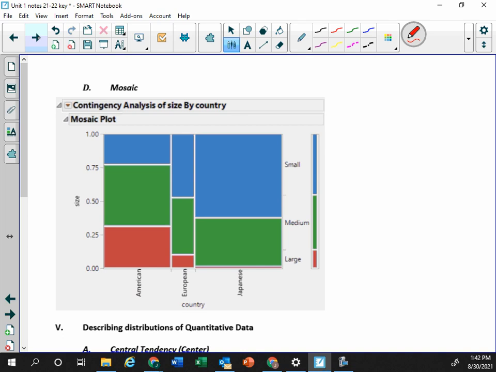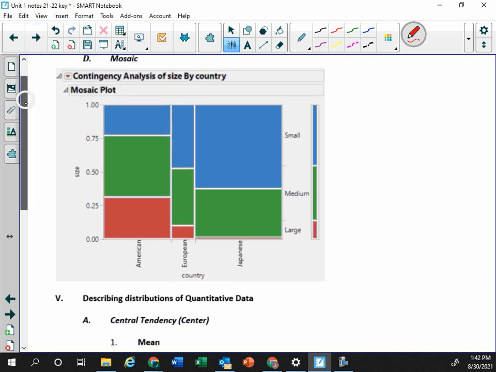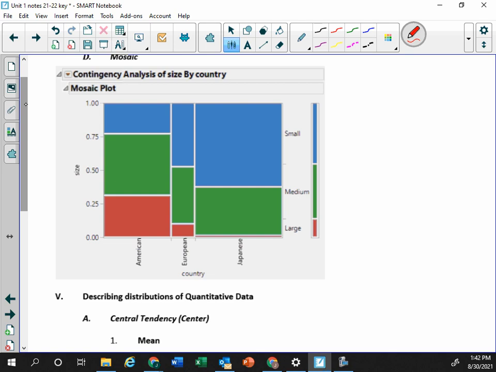And this one's different. This is called a mosaic. It's just kind of nice for making comparisons. Like, you can look at just, let's say, the American category here, and you could say, okay, they make the most medium-sized, I think we're talking about cars here.